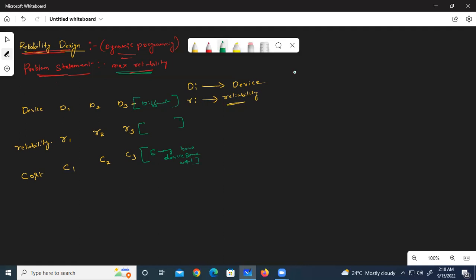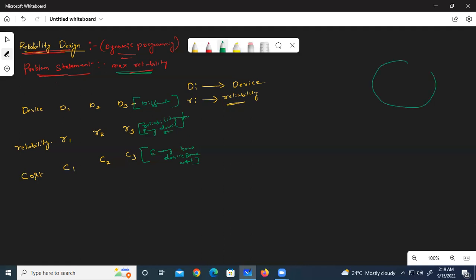Again, here also there is a reliability for every device. I think you people got this. See, the concept is very simple. I wanted to create one system.